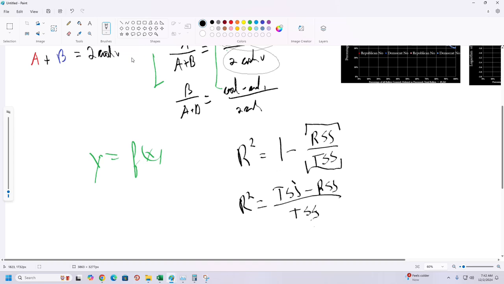So it's saying the difference from the total sum of squares to the residual sum of squares, which tells you absolutely nothing about the difference in scale between them, divided by the total sum of squares to then at least make that scale somewhat meaningful. But what's the problem with an r squared value?